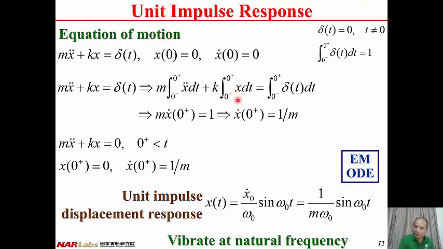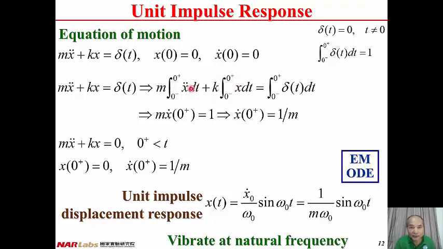Therefore, at time 0 minus, because it's very close to 0, x of 0 minus equals x of 0, and x of 0 plus equals x of 0, also equal to 0. Therefore, in the range between 0 minus and 0 plus, x(t) equals x0, which equals 0. Because the integrand equals 0, this integration equals 0, and this term vanishes.